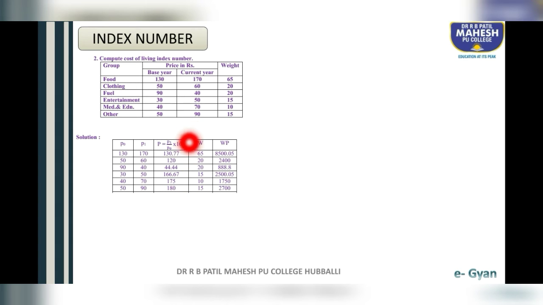Okay students, after finding capital P, weights are already given. So now we have to find out W into P. So multiply W into P.